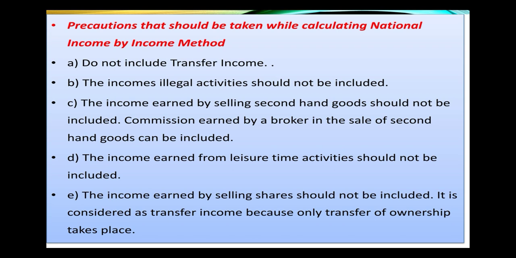The income earned from leisure time activities should not be included. The income earned by selling shares should not be included. It is considered as transfer income because only transfer of ownership takes place. So if we are selling shares here and there, we will not include the income earned from selling shares.